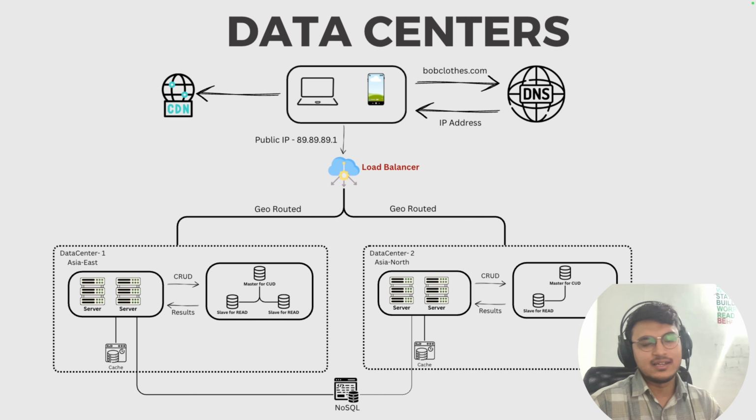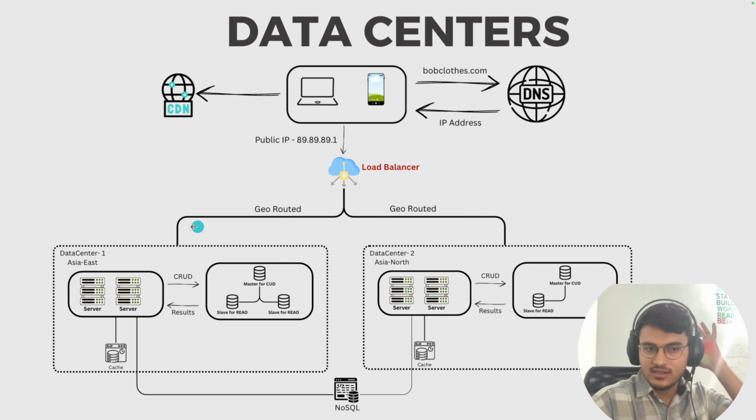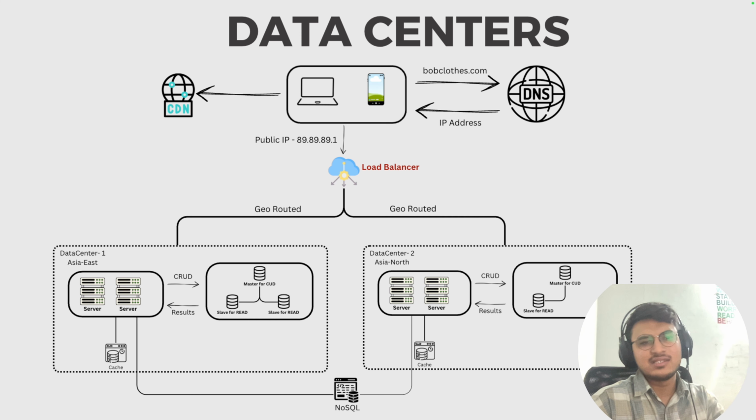Okay, DNS has caching TTL, so failover isn't instant. There can also be failure scenarios which can be handled. Let's suppose we have two data centers. Normally Asia East gets 60% traffic and Asia North gets 40% traffic.